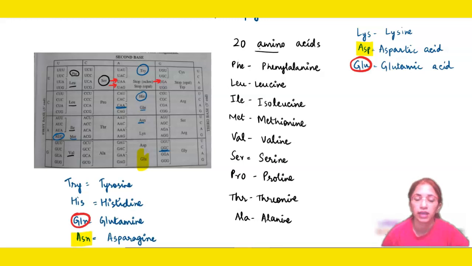Glutamine is again an amino acid containing two amino groups. Don't get confused between GLU and GLN. The next amino acid is cysteine. And we are moving towards the fourth column. Okay. So let me write it for you. CYS, and this is cysteine.